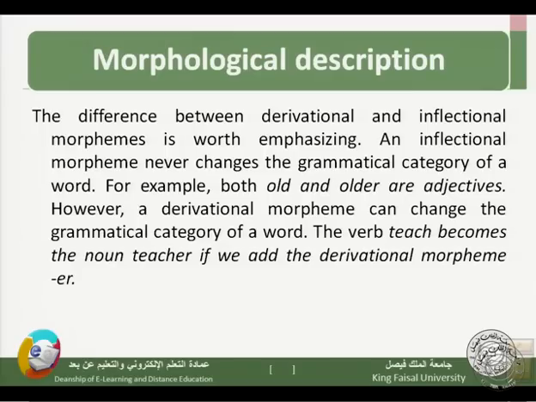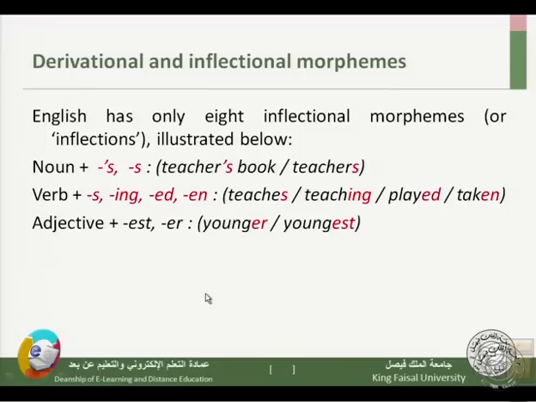So if we look at the earlier examples, teachers, as you can see the apostrophe s here, does this s, apostrophe s, added to the word teacher, change the meaning or the category, sorry, of the word teacher? No. Teacher is still teacher.